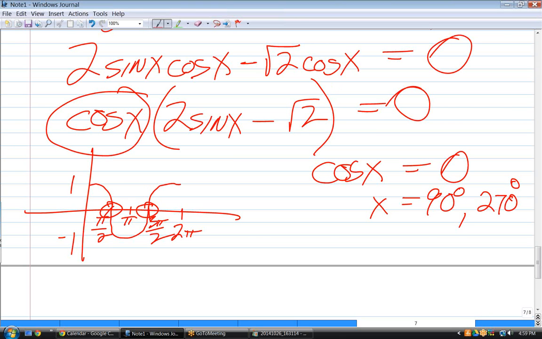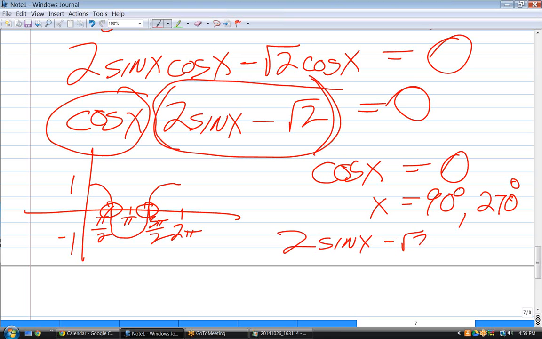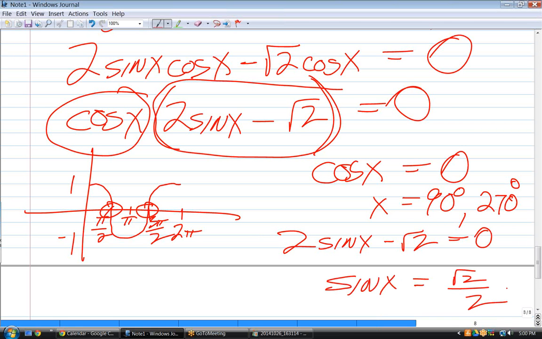Well, we have a whole other solution where that can be equal to 0 also. So if 2 sine x minus root 2 equals 0, sine x equals what? Root 2 over 2. Okay, where does that happen in the unit circle? 45. Good.